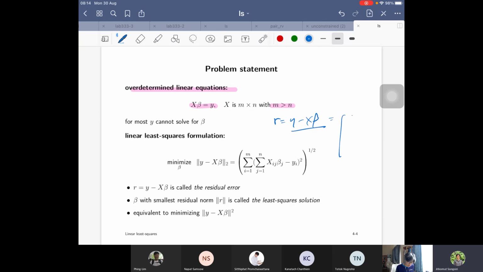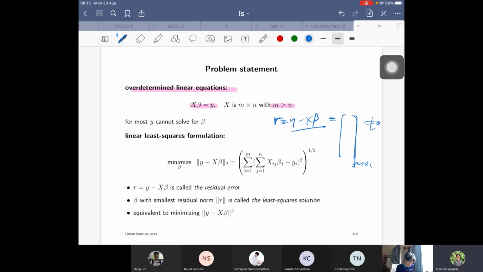R is going to be a vector of m by 1. Of course, because you cannot get the exact solution, the residual vector is non-zero, so you want the residual vector r to be as small as possible.